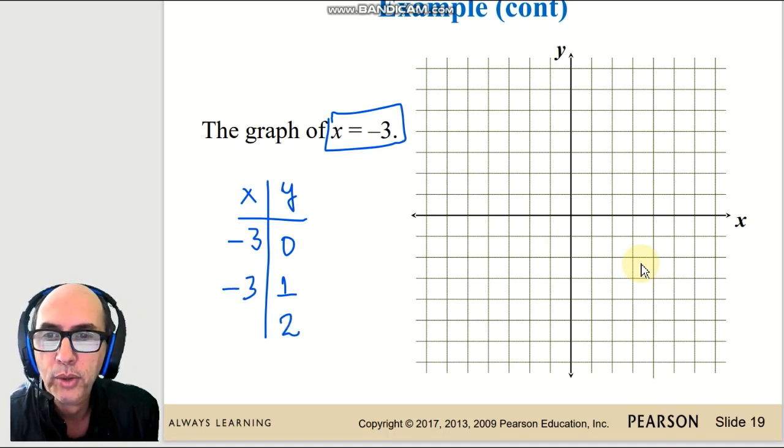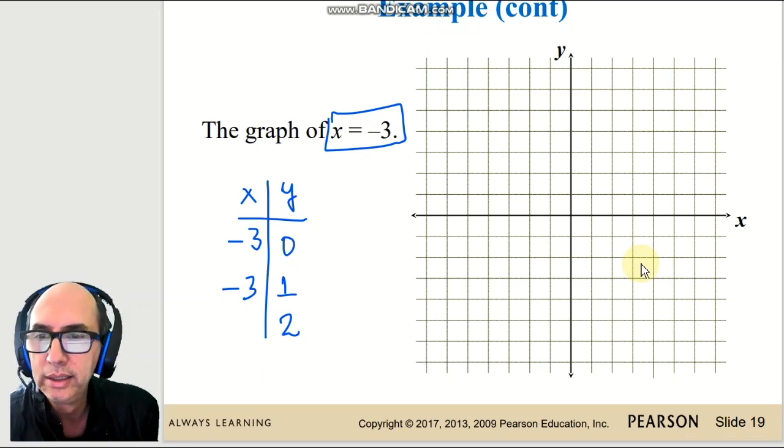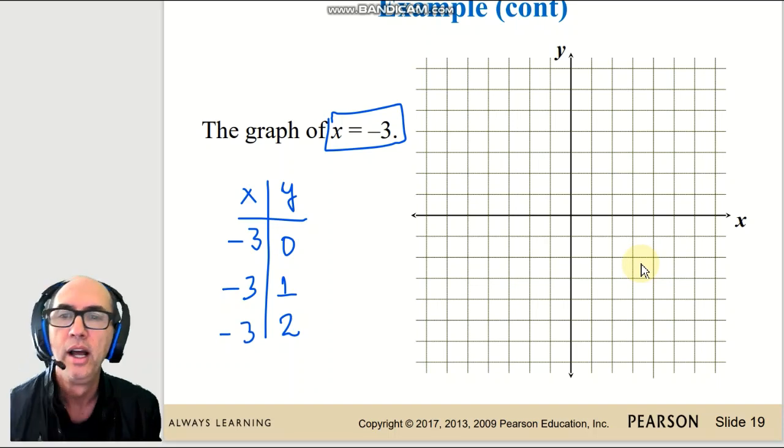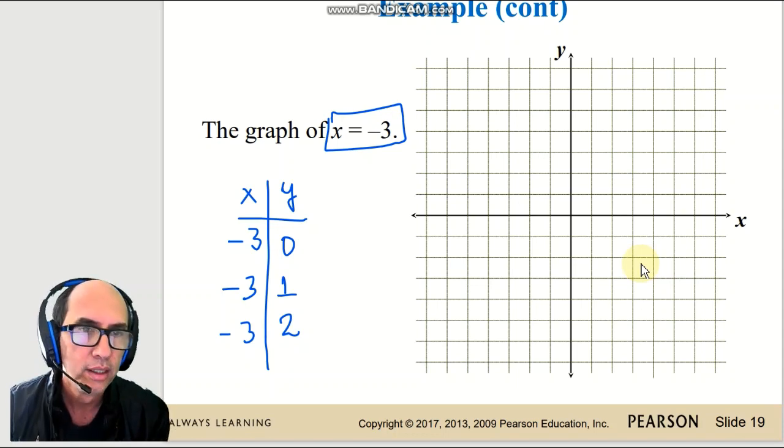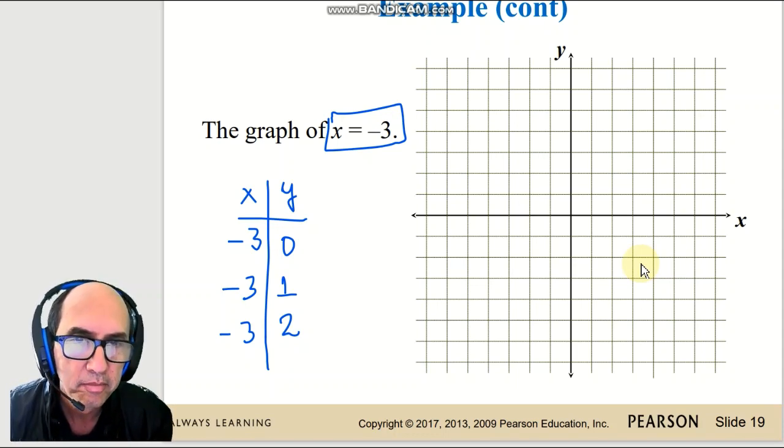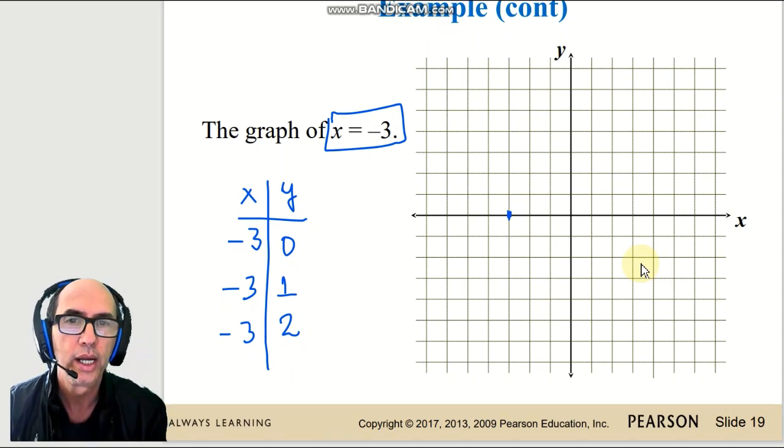Plug in now y equals 2. This is crazy because there's no y. That means it's still x equals -3. No matter the y that you plug in, you're always going to have x equals -3. So find on the xy plane, -3 is right here. No matter the value of y, x will be always -3.